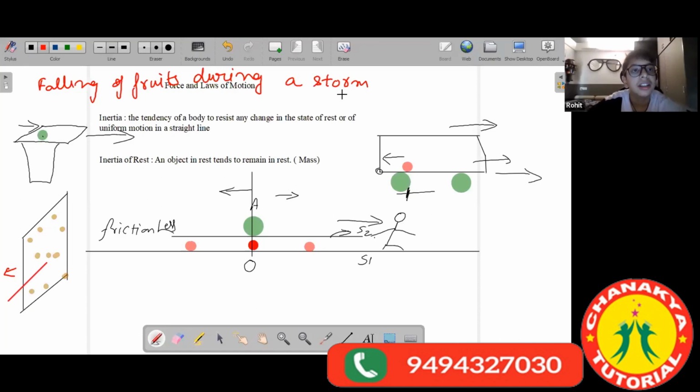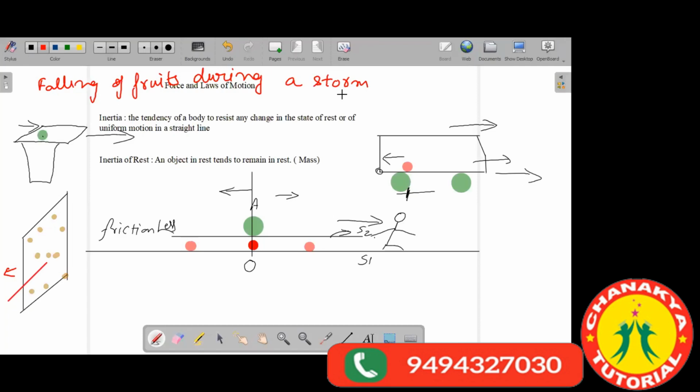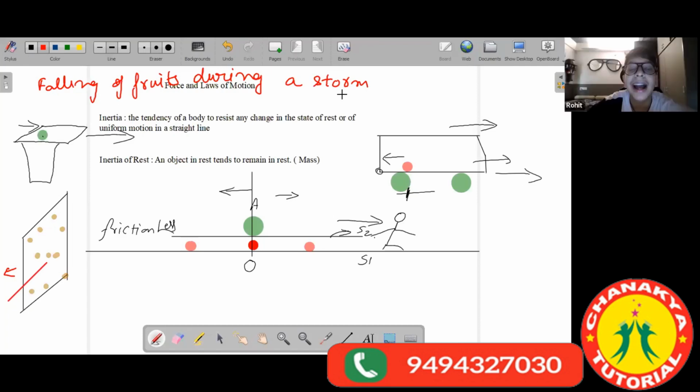Sir, I had seen a similar example in the textbook while going through the chapter. It was the carrom board one where the striker hits. If you strike the striker quickly, the bottom coin moves, but the coins on top don't move.